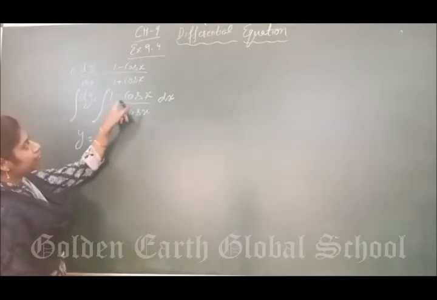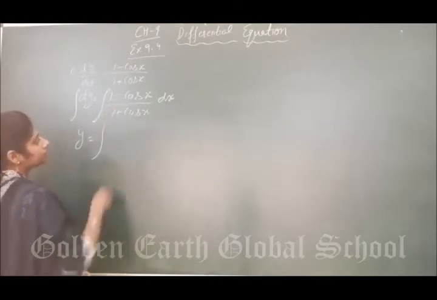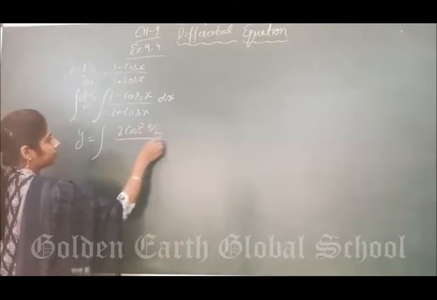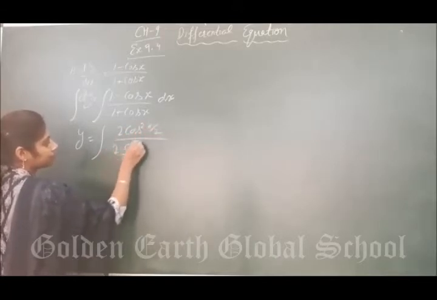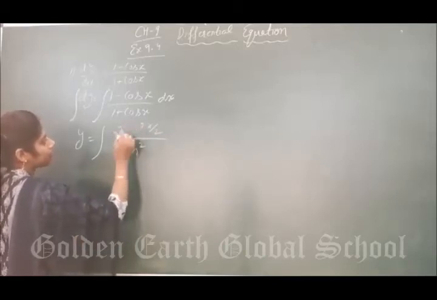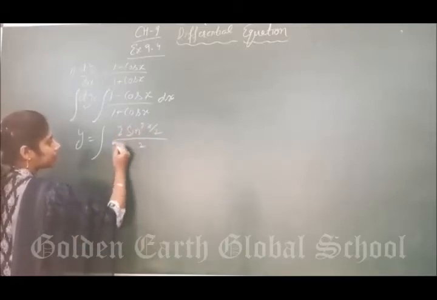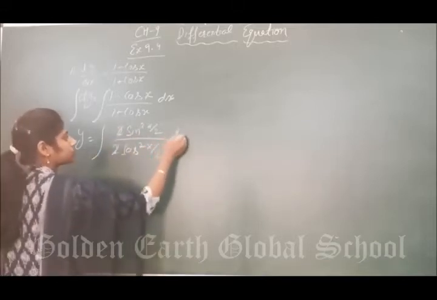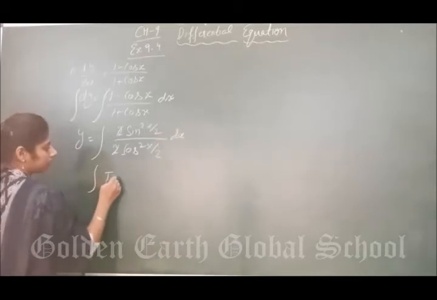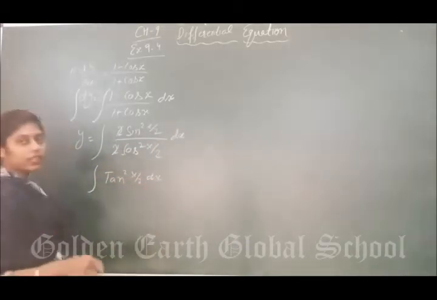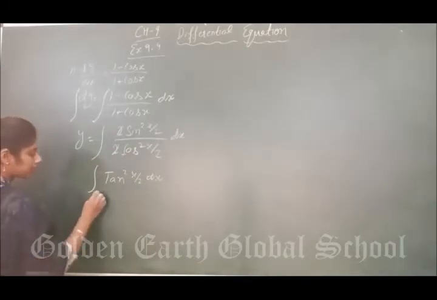First of all, apply the formula: 1 minus cos x is 2 sin square x by 2, and here it is 2 cos square x by 2. So it will become tan square x by 2. How to take the integration of tan square x by 2?